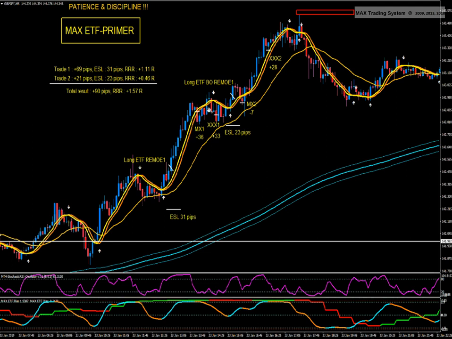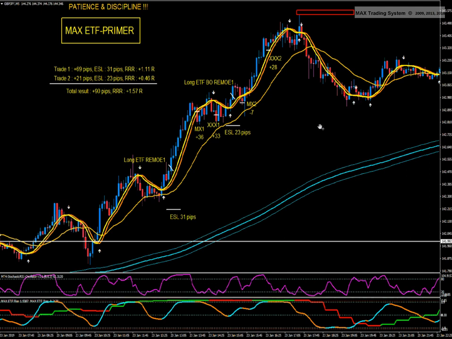First of all, it is less sensitive to the pullbacks than many other moving averages, and then it is very close to the price action itself. When the price is nicely moving in one direction, the ETF lines are extremely regular, almost linear. You can see that by the fact that the two lines are well separated and almost parallel all along the up or down movement.